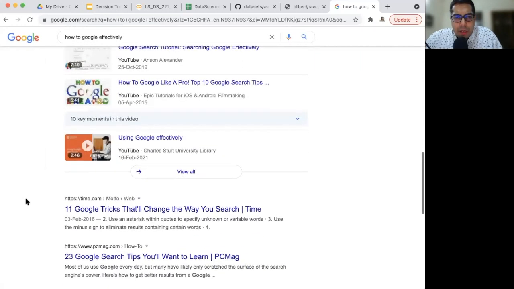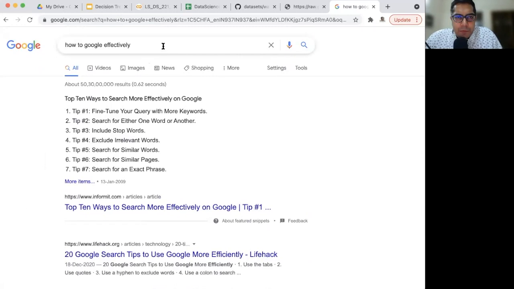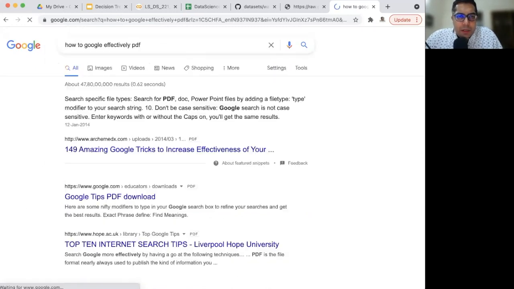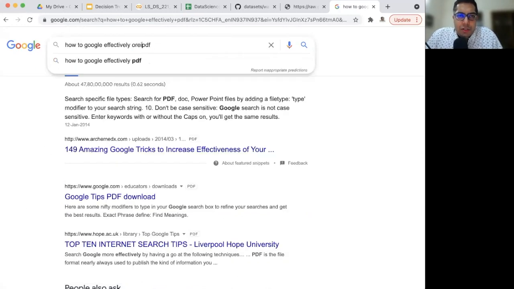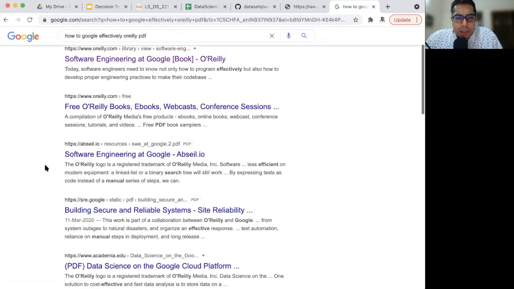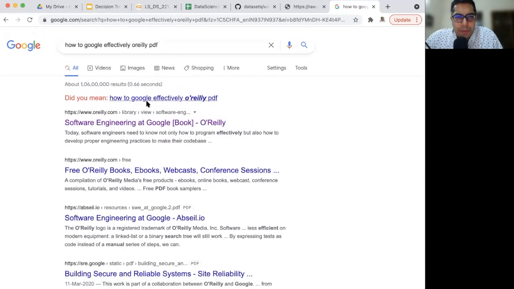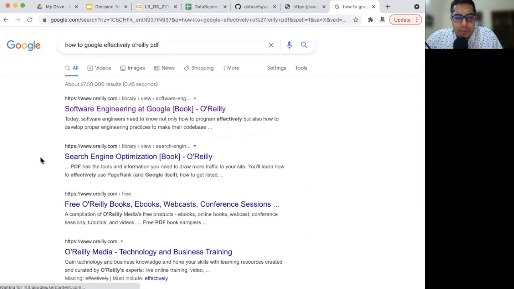It's a really good book, I think it's by O'Reilly. It's not the software engineering one. So basically, how to Google effectively. That's the book, not search engine optimization, etc. Feel free to ping me later, but I hope you get the general idea. It's a very good book that I read a while ago, on how to Google effectively.